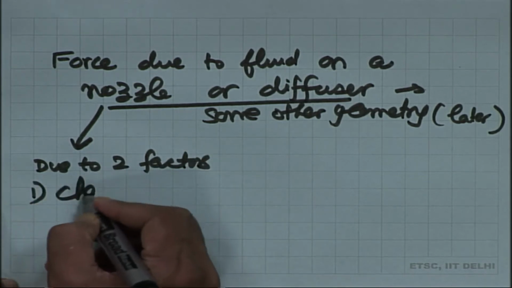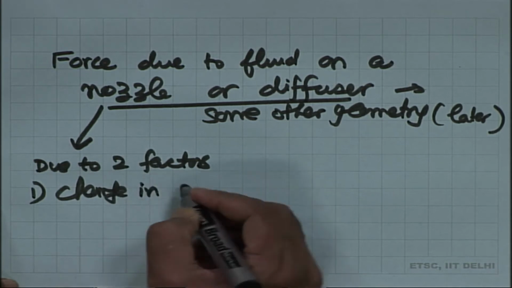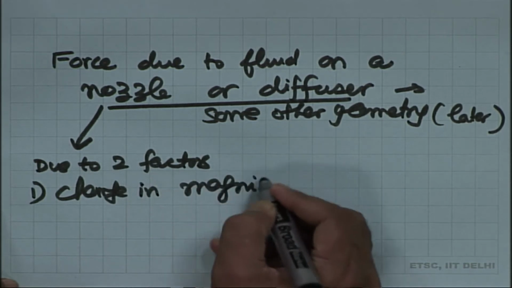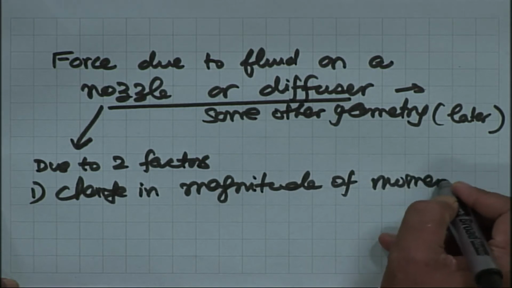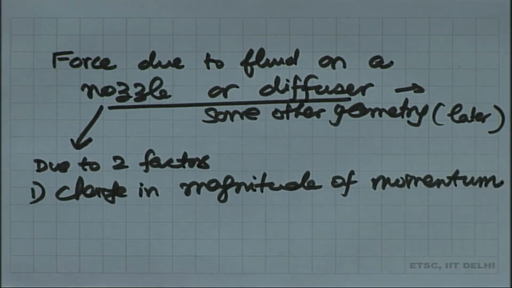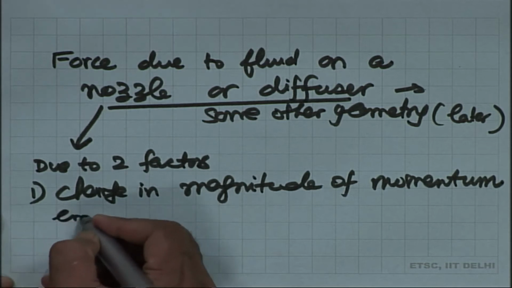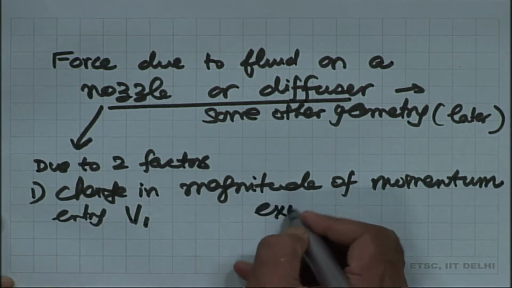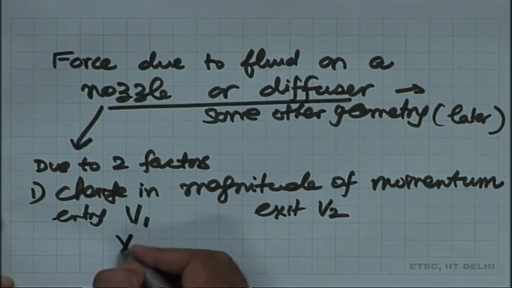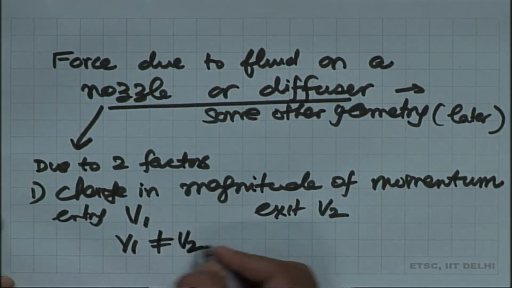One is the change in magnitude of the momentum. The fluid at entry has velocity V 1, at exit it is V 2, and V 1 is not equal to V 2.